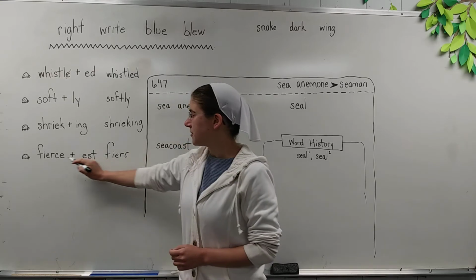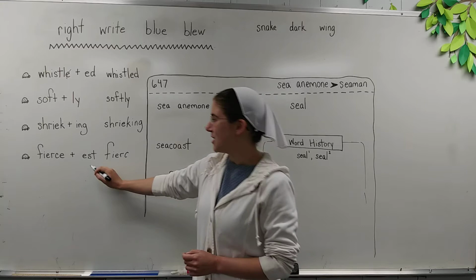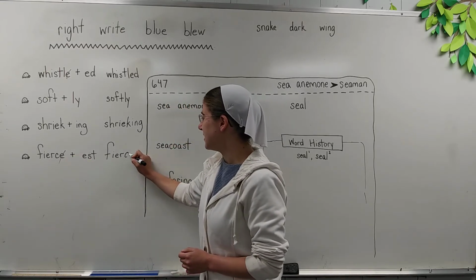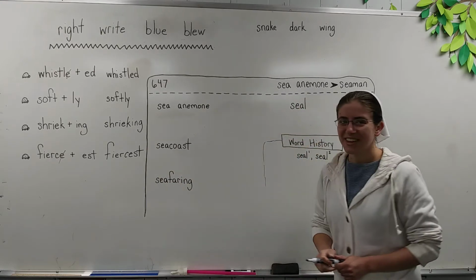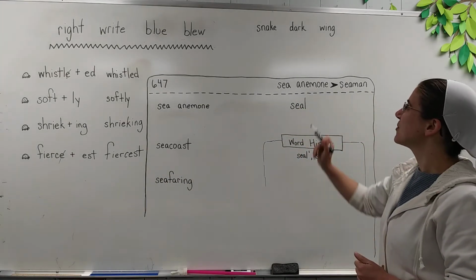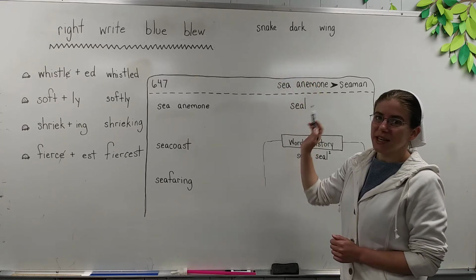F-I-E-R-C. Fierce ends with a silent E, and our suffix begins with a vowel. So drop the silent E and then add E-S-T. Fiercest. Good.